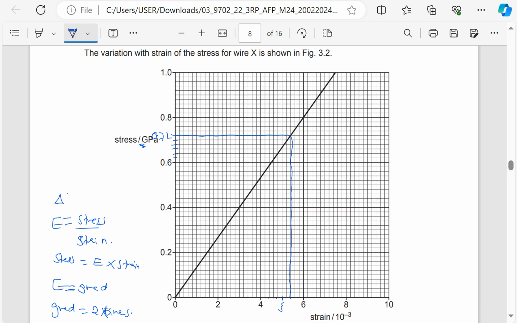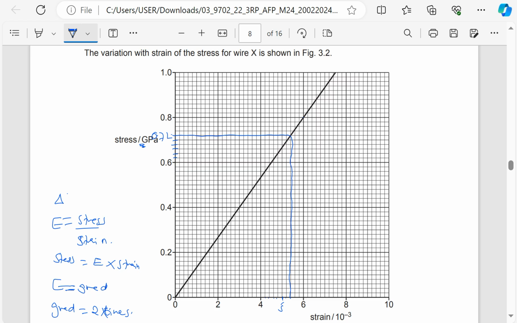So I'm going to try and estimate the gradient of this one. Or alternatively, since it is also going to go through the origin, I just want to make sure the gradient is twice. So I'm going to look for simpler points to choose for the gradient.